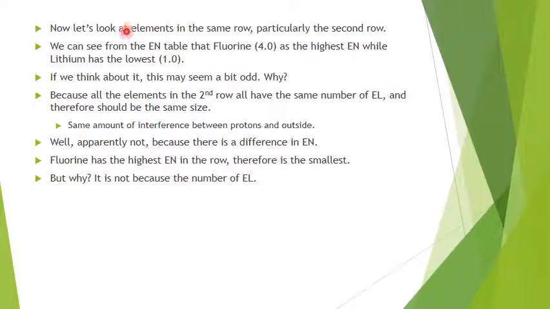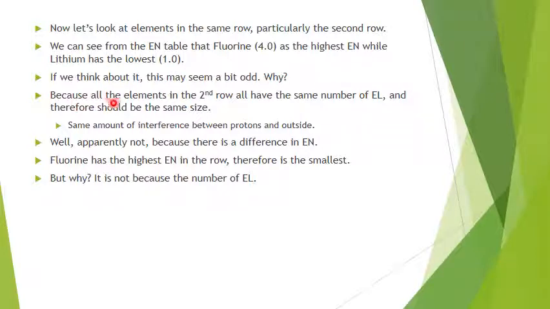Okay, now let's look at elements in the same row, particularly the second row we'll work with. If you look in the electronegativity table, we'll see that fluorine again has a higher electronegativity than any element in that row, with lithium being the lowest, which is on the far left. Fluorine is on the far right. And if we think about this, this is a little bit odd.